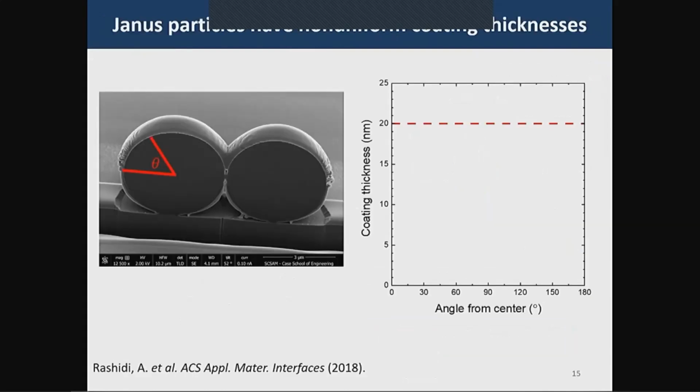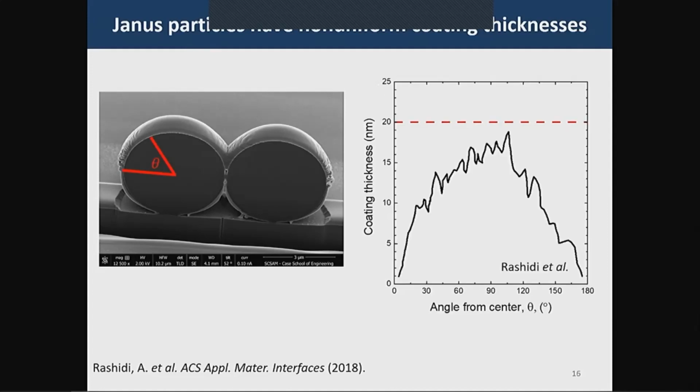Yeah. So I mentioned this thing about the caps. We did some experiments a couple years ago where we made the Janus particles, and then we cut the Janus particle in half, and we measured the cap thickness as a function of the angle from the center.